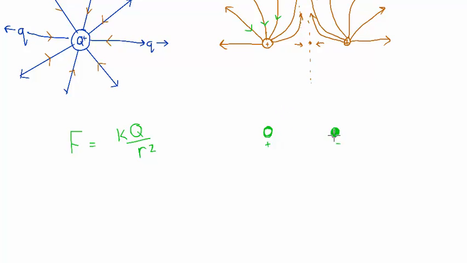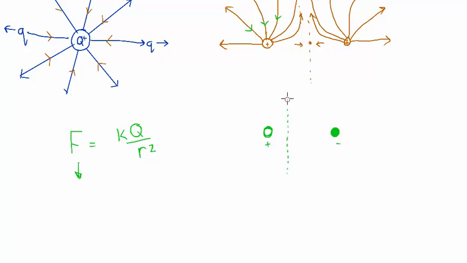Well, it will be further away from the stronger one and closer to this one, because the further away I go, the smaller the force becomes because of the R that's being divided. So it would be roughly somewhere here. Depending on how strong that one is, the stronger it is, the closer it is to the weaker one. But it won't be in the middle.